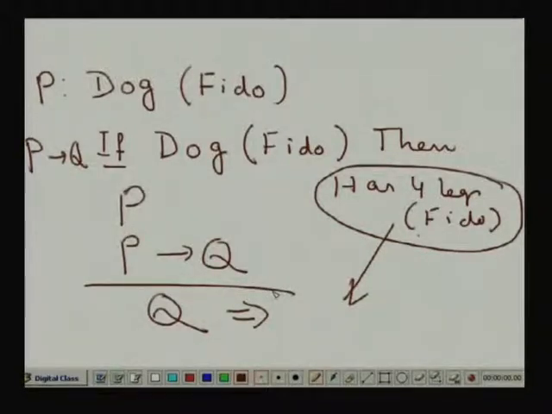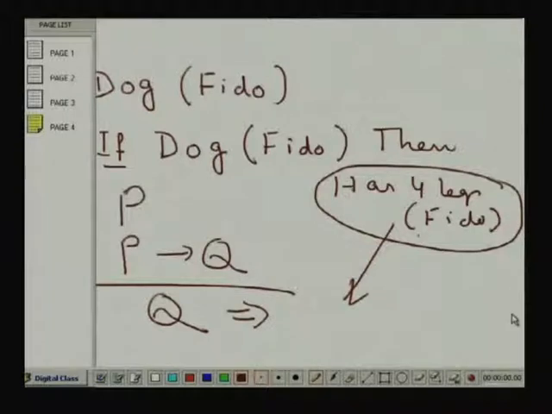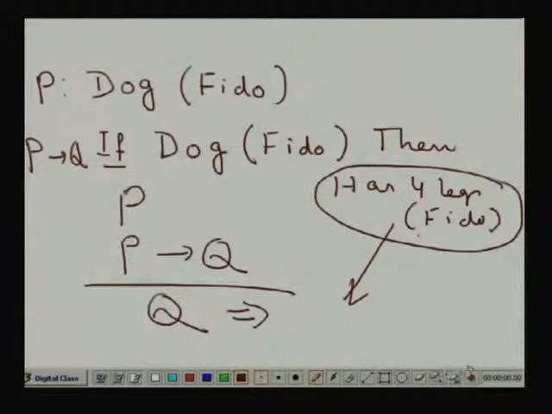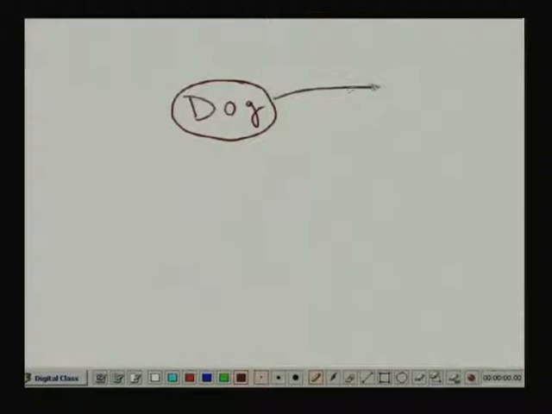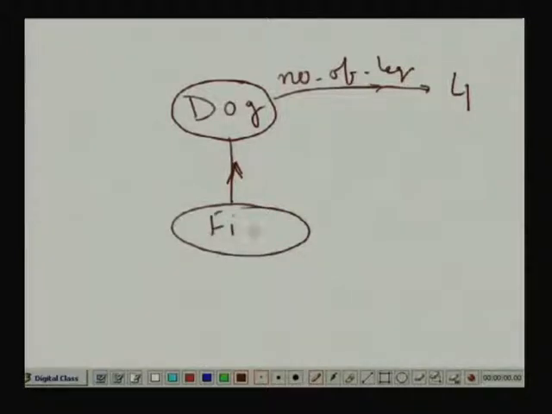For example, if I try to draw the semantic net equivalent to this, here is a concept dog, and dog's number of legs is equal to 4, and Fido is a dog.